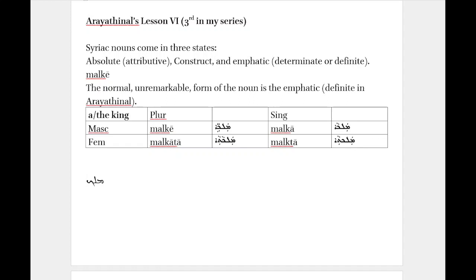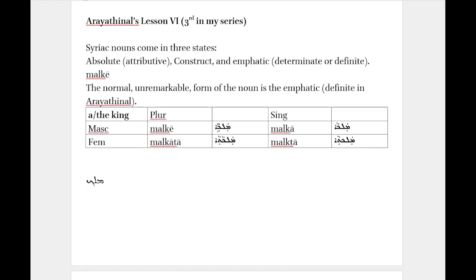But when it is a king or the king, a substance, like the king of Bashan, we're actually speaking not of kingliness, but the king.